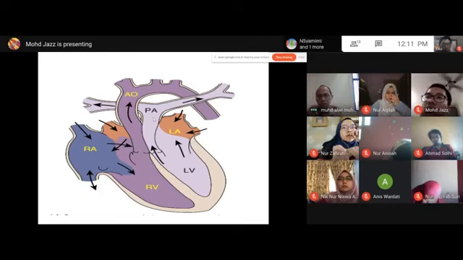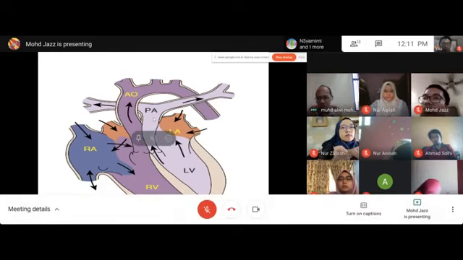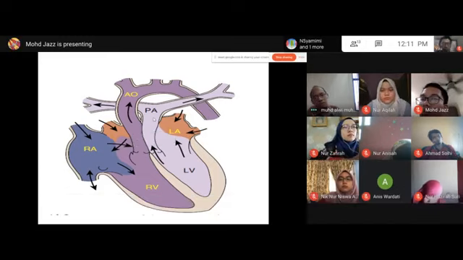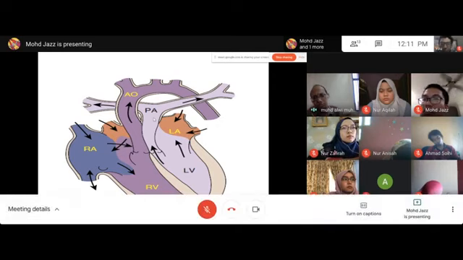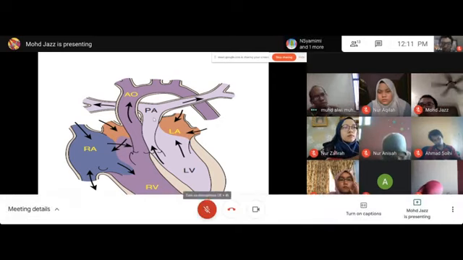Only in aVR it is downwards, because of the position, the P wave will be upright. Understand? You have to imagine the axis.